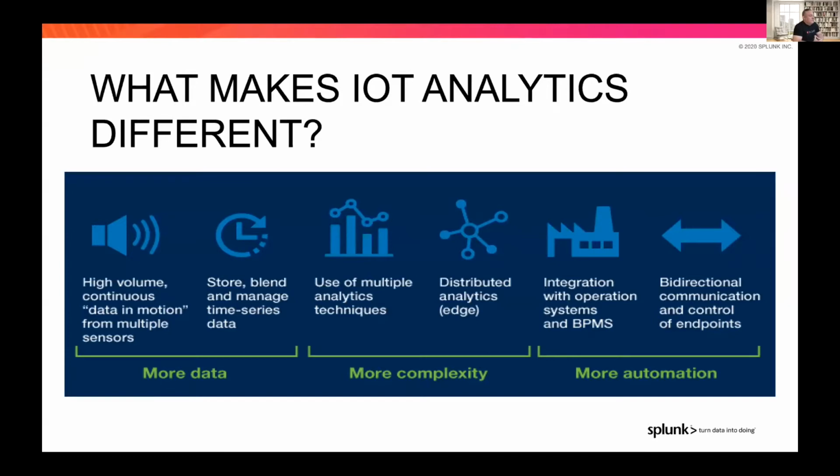And then there's the third factor of automation required. Not only do you have to collect the data and run reports on it, you also have to integrate with operational systems, business process management systems, and bidirectional communication. So when you detect an anomaly or something going on, you have to send that back up to the IoT infrastructure and react to it, actuating an actuator or some sort of sensor to turn things off once you detect it as well. So those are some of the highlights around what makes IoT analytics different.